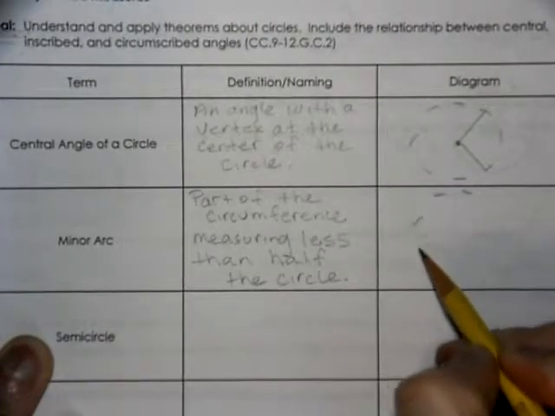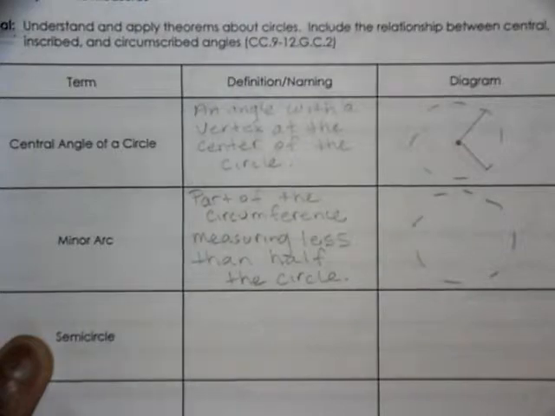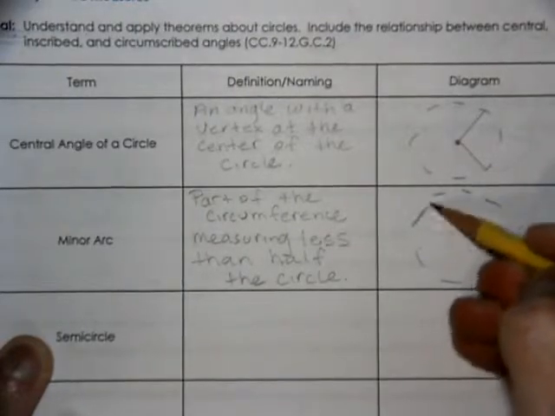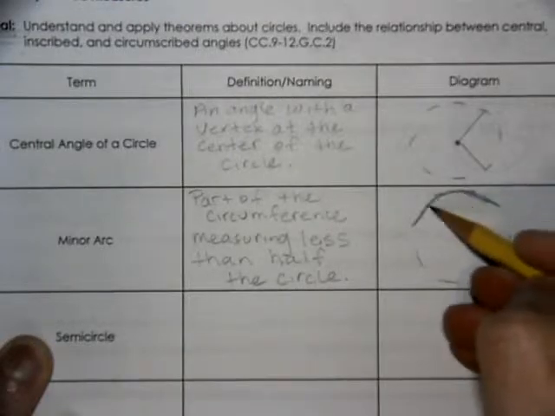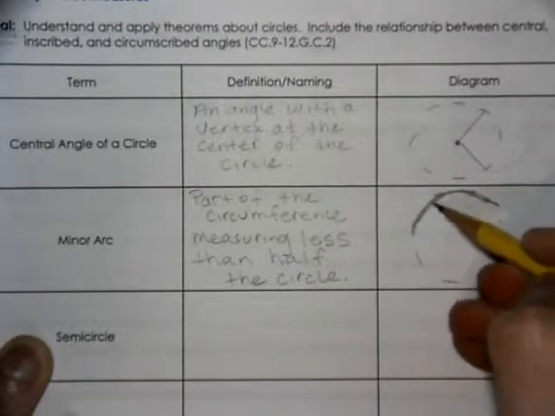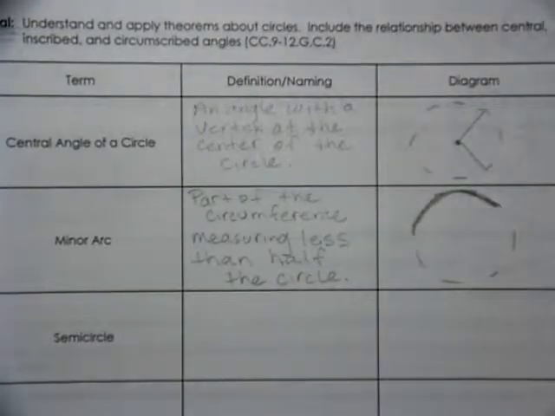So our figure, an arc is part of the circumference. So we're coming around the edge. And that would be an arc. Part of the circumference, but it's less than half the circle.